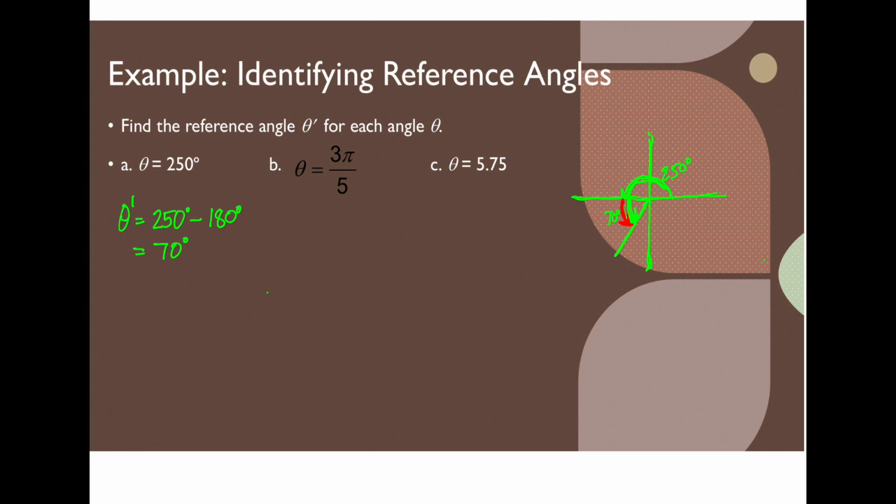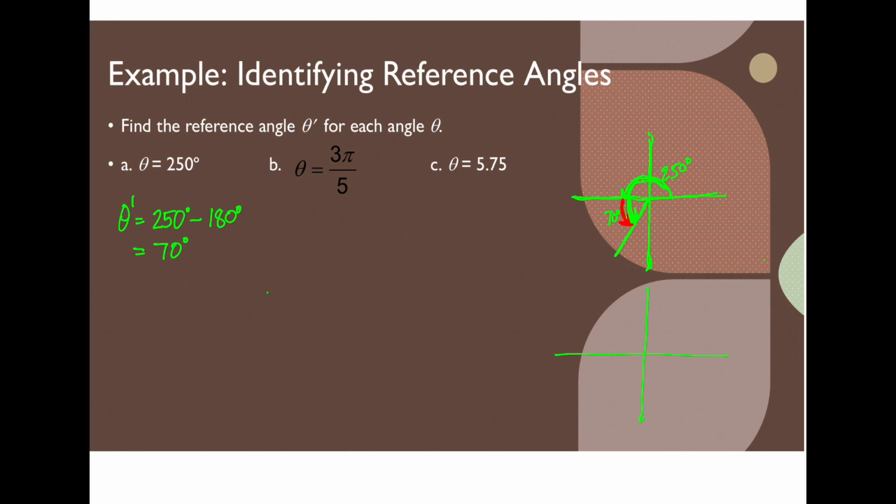For B, I'll draw another one, 3 pi over 5. This is not one of our common ones, but again, it helps us to think about what pi over 5 is. Pi over 5, if we just look at that, pi divided by 5 is 180 divided by 5.